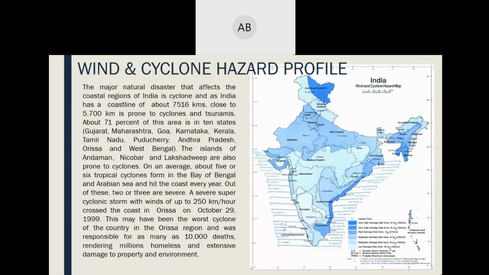You will not believe that in the years after 1999, there have also been major cyclonic storms hitting the coastlines of Orissa, but the number of casualties has drastically reduced. One of the reasons is our efficient early warning systems.